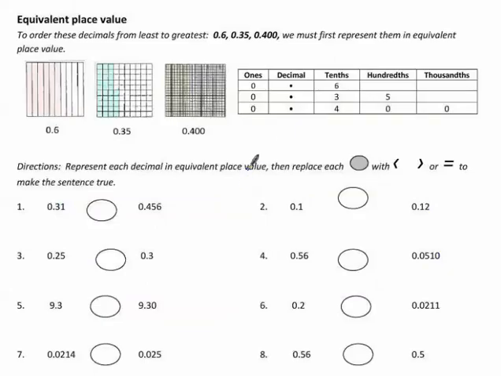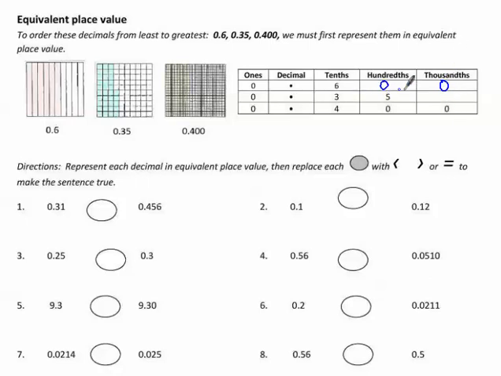Let's talk about equivalent place values. In this example, to order these decimals from least to greatest, 6/10, 35/100, and 400 thousandths, we must first represent them in equivalent place values, meaning get them all lined up with the same amount of numbers. So for the one that's 6/10, we want to add 2 zeros afterwards to get it to the thousandths place.